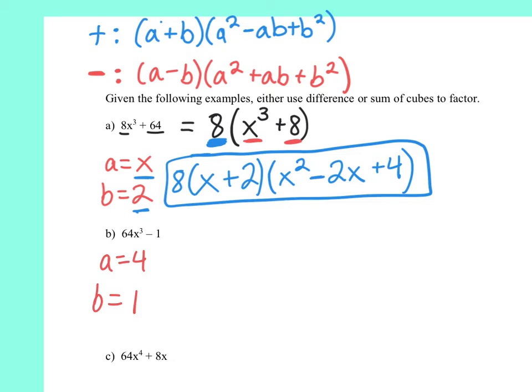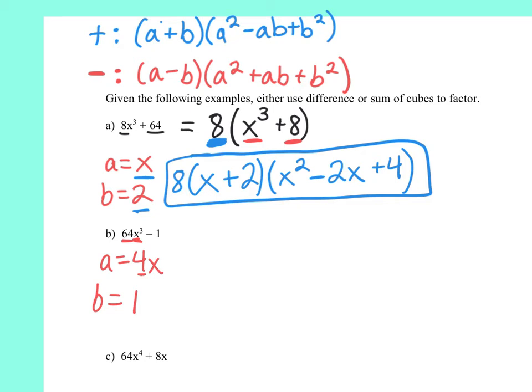Just 1. Okay? So the cube root of the first term, cube root of 64 was 4. What about x to the third though? What's the cube root of that? Just x, right? So we do have to have an x there. Don't get rid of all your variables, or this won't work.